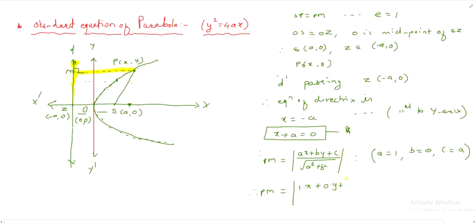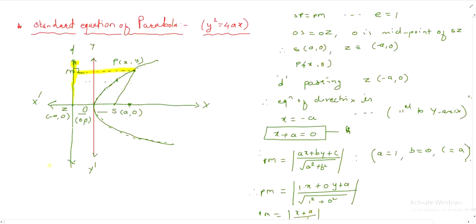It is A, therefore is equal to A upon under root A square, that is 1 square, plus B square, that is 0 square. Okay, so here we can write PM is equal to mod of x plus 0 y0 and plus A upon 1.